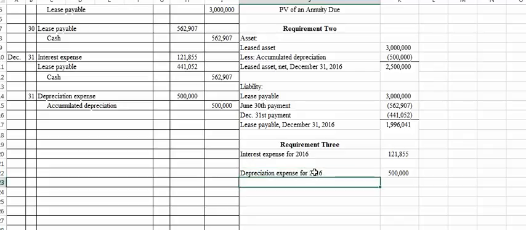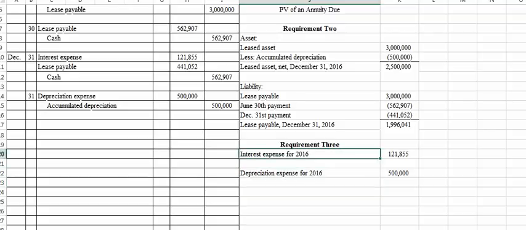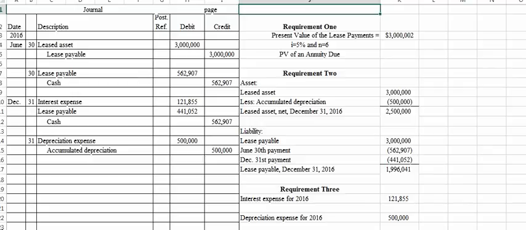Now that's associated with this asset only. This is interest expense associated only with this lease. Okay. They didn't ask you to do the journal entries, but to me, requirements 2 and 3 are much easier to do when I have the journal entries to look at. If you can do this without it, that's fine too.